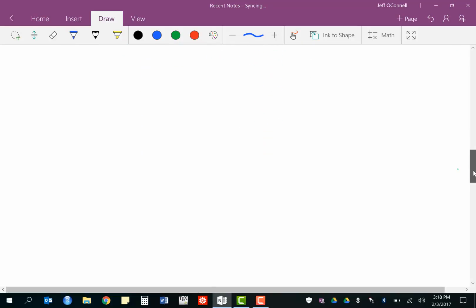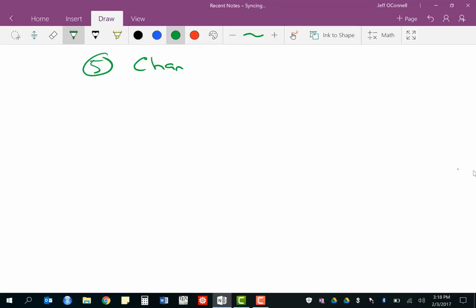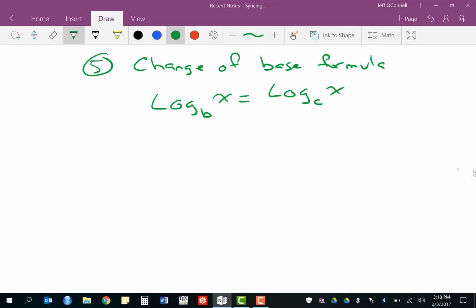And then we get to the last property of logarithms that we will consider. The last property is actually called the change of base formula. And what it says is that if you have a log base b of x, then you can write it as the log base c of x divided by the log base c of b.